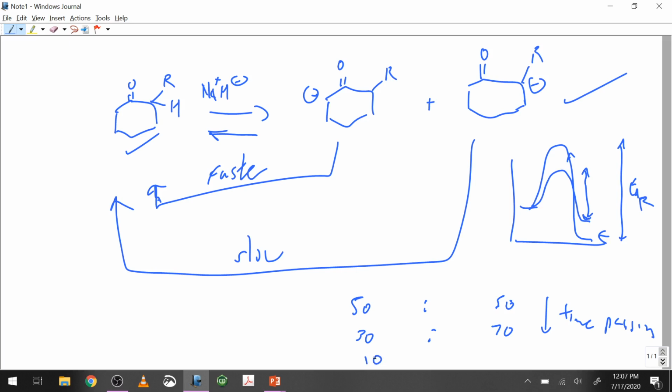And eventually we'll get to some ratio that's based off of the actual preferences for the delta G values. That's not going to be 100 to 0. That's almost unheard of.